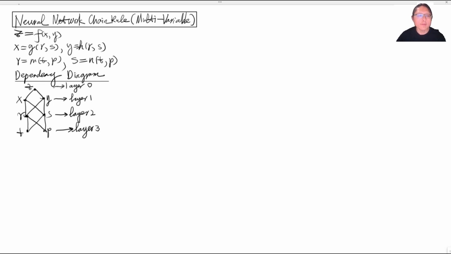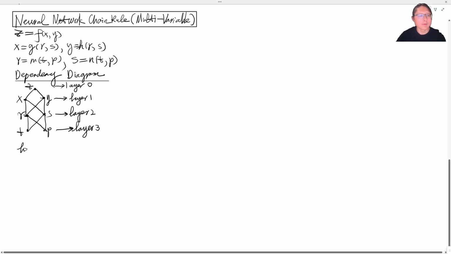We try to find the relationship between the different layers, which will help us understand the backpropagation method. We will start from layer 1. In layer 1, it is just a simple calculation: partial z with respect to x, and partial z with respect to y.